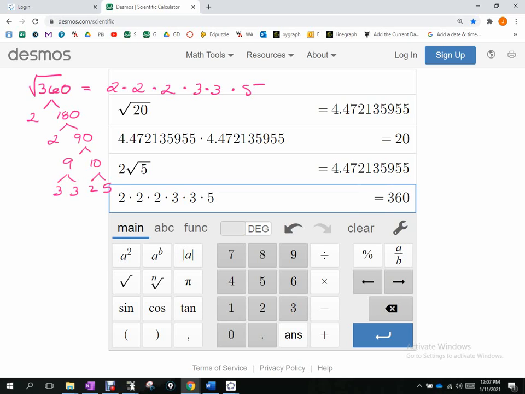Now, this 2 times 2, that 2 times 2 is actually a 4, right? Does that make sense? That 3 times 3 is actually a 9, correct? What's 4 times 9? 36. Is 36 a perfect square? Yes. Okay?